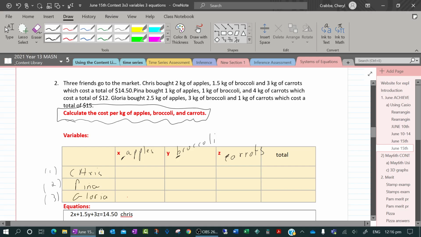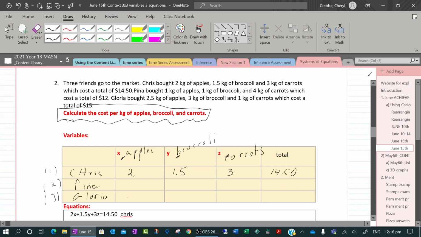Now, I've just got to read so I can figure out what the values are for apples, broccoli, and carrots. For Chris, it says Chris bought 2 kgs of apples, so that's going to be 2 there. He bought 1.5 kgs of broccoli and 3 kgs of carrots for a total cost of $14.50. Pina, what did she buy?